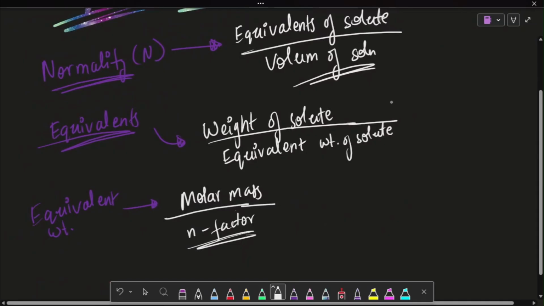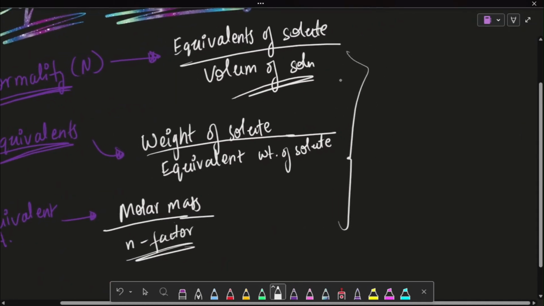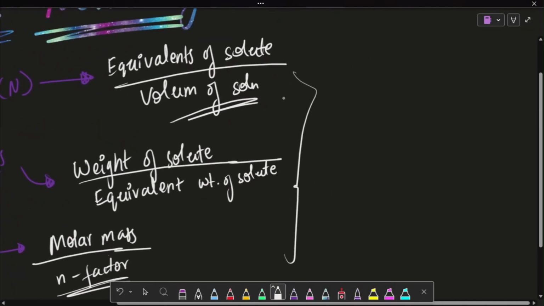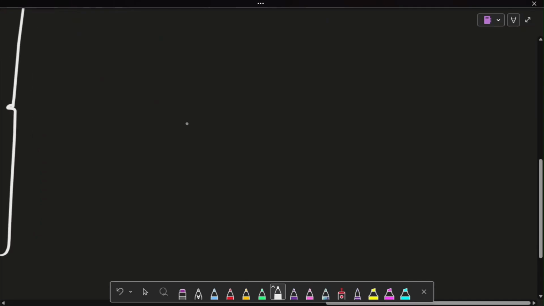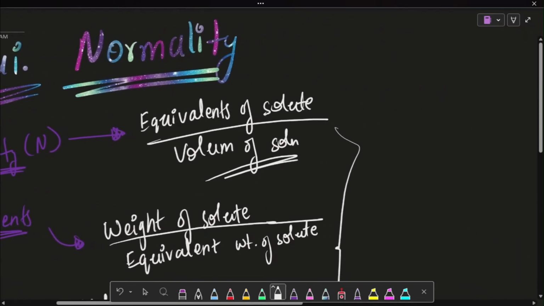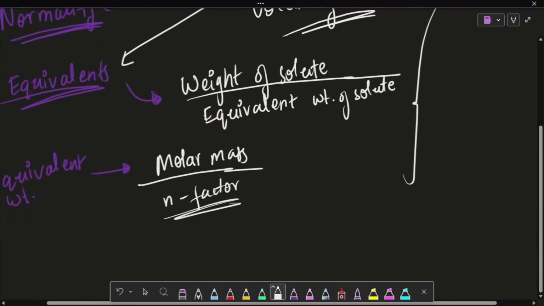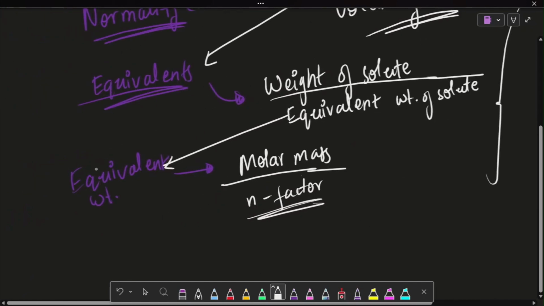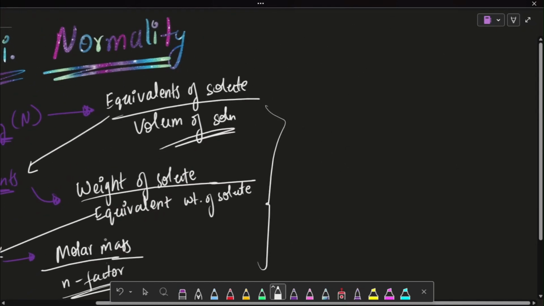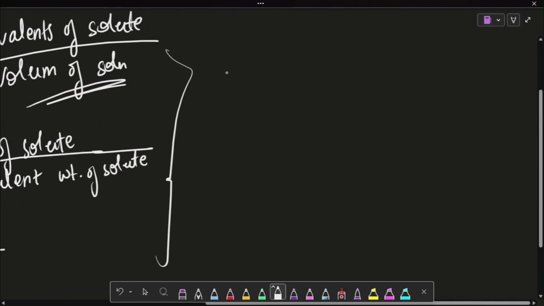Okay, so now let's make a few conclusions about these three formulas. So note this down pretty quick. Normality was equivalence of solute, which is nothing but this, and then equivalent weight of solute is here. So just substitute.